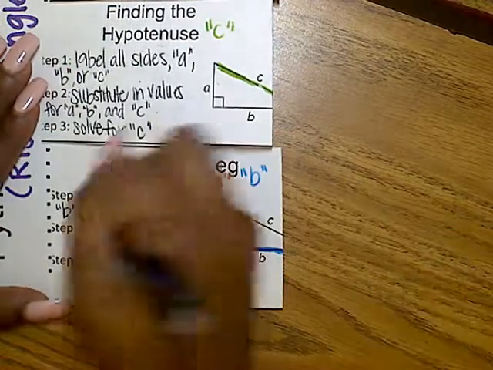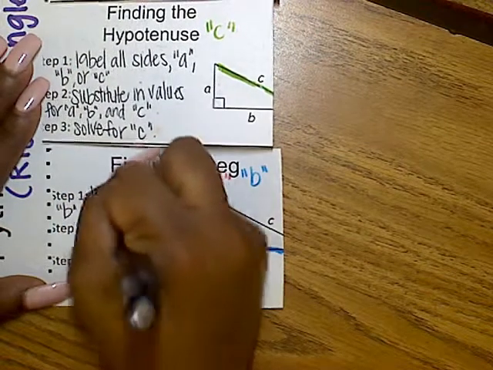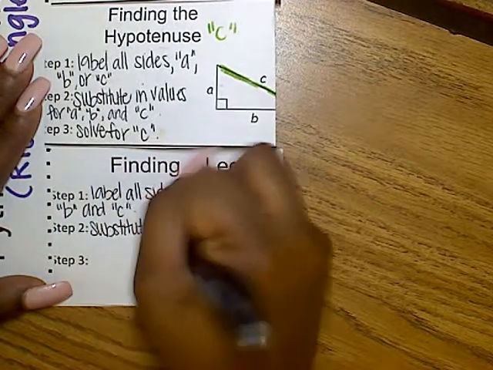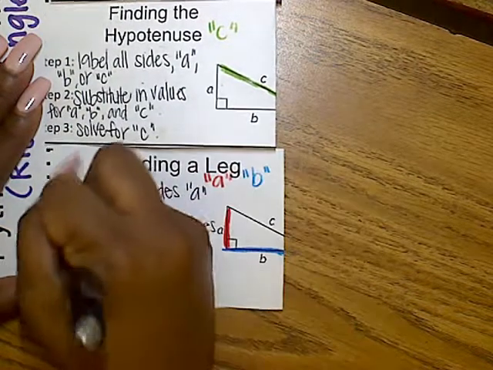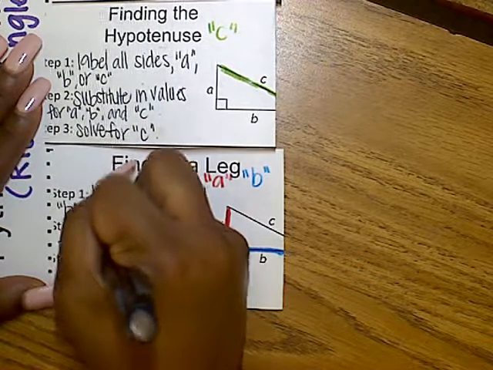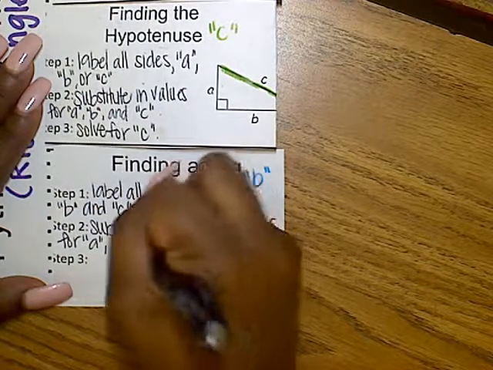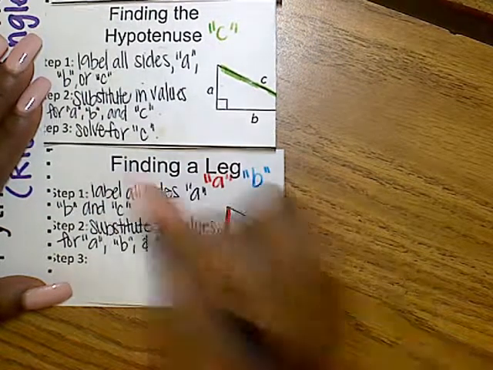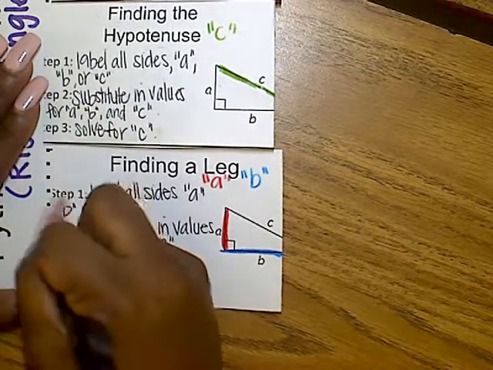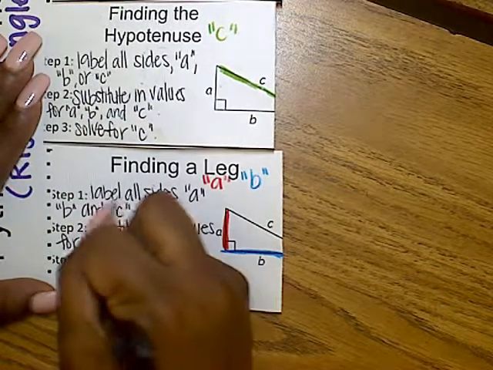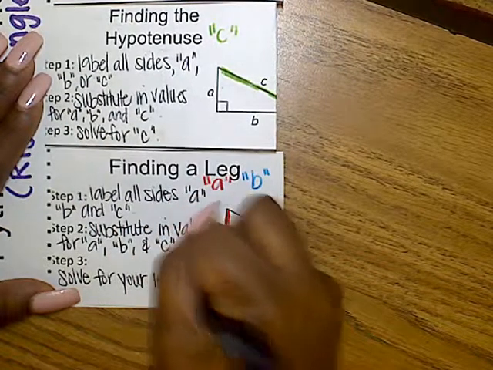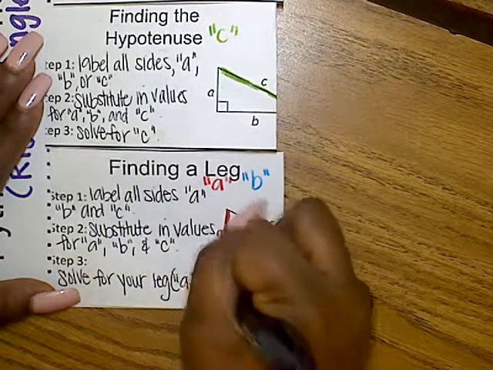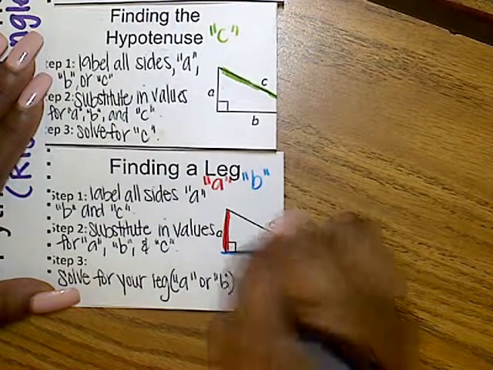Step 2, you want to substitute, which we know just means to plug in values for A, B, and C. And then our last step is to solve for your leg, which could be A or B, depending on how you label it.